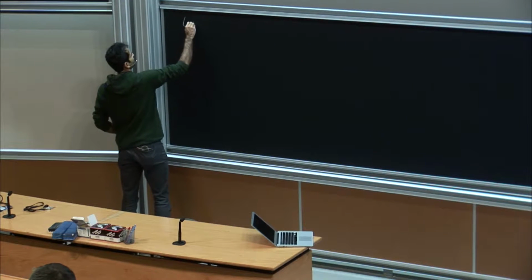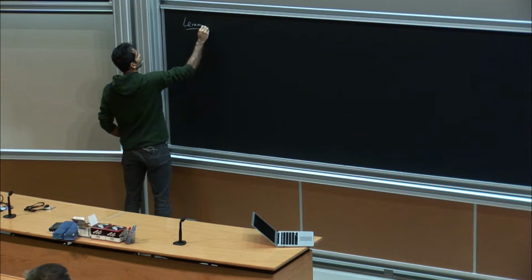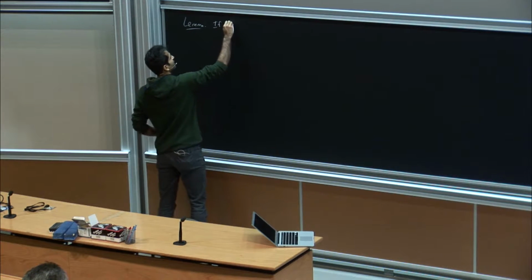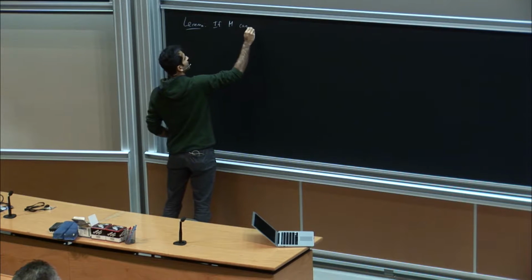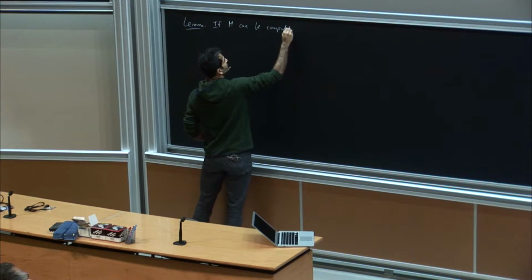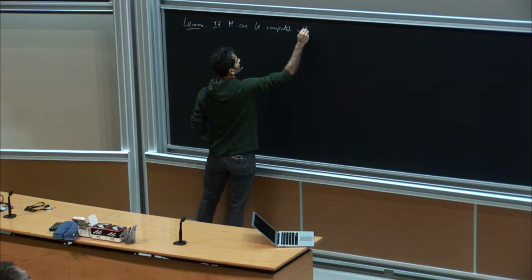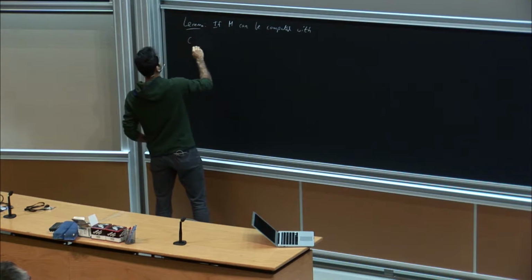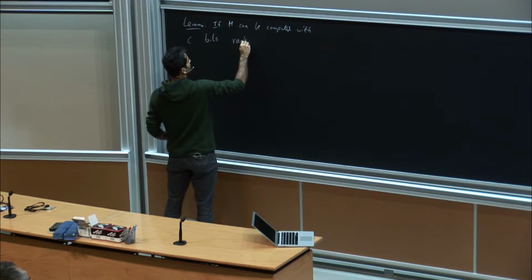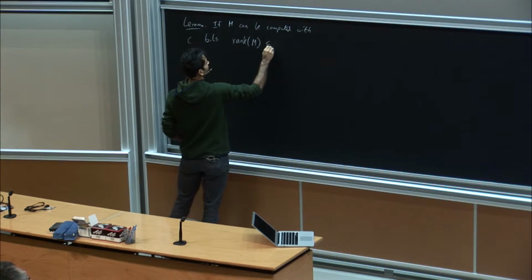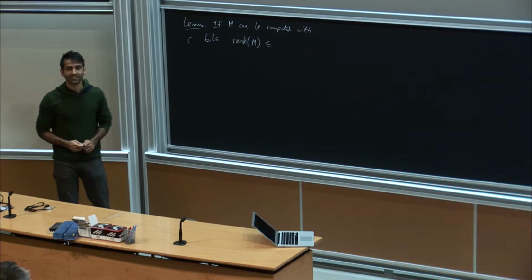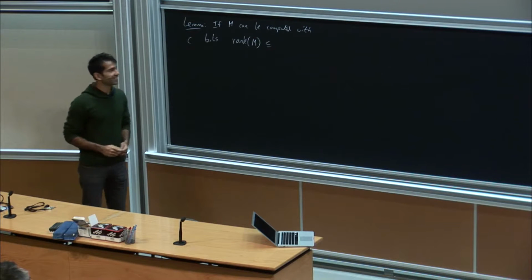Okay, and that is the claim that if M can be computed with C bits, then the rank of M, I claim, must be at most, any guesses? 2 to the C, right?